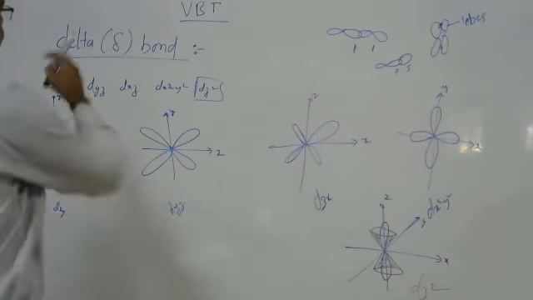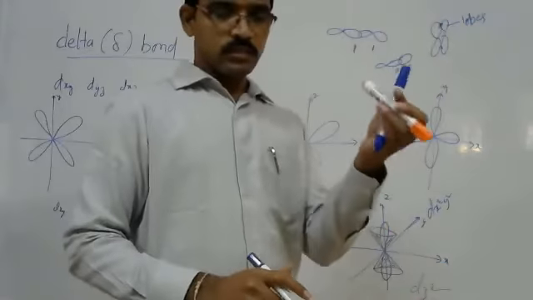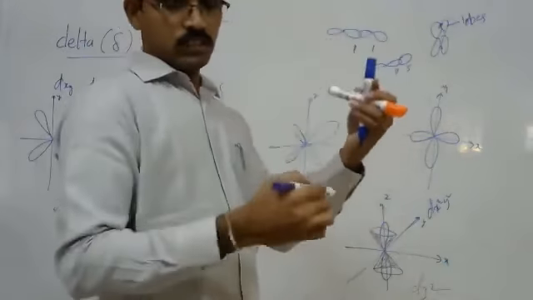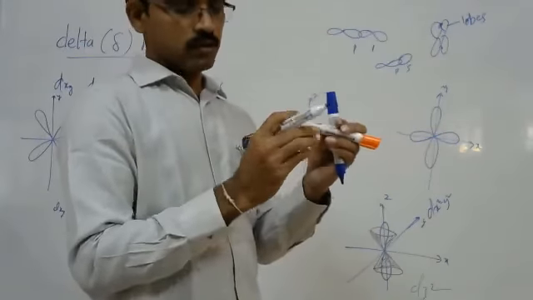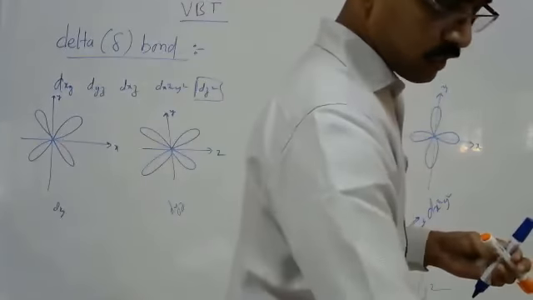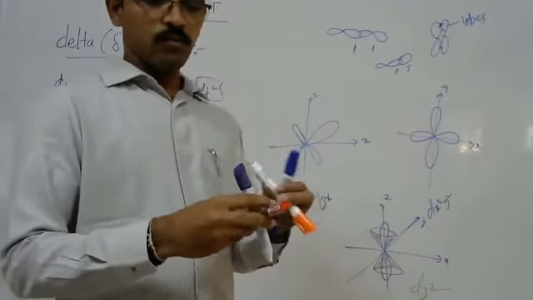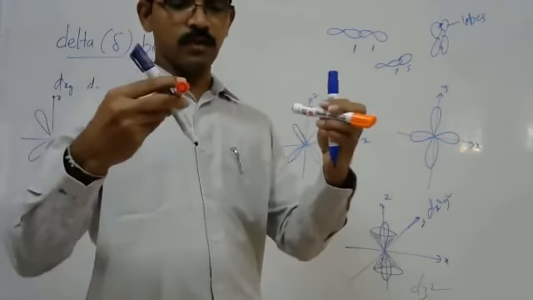Now we are talking about the delta bond, right? In this delta bond, see, this is the x square y square orbital, and another one is one more x square y square orbital.